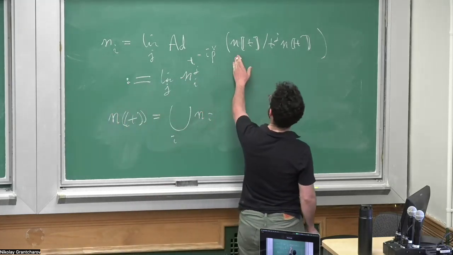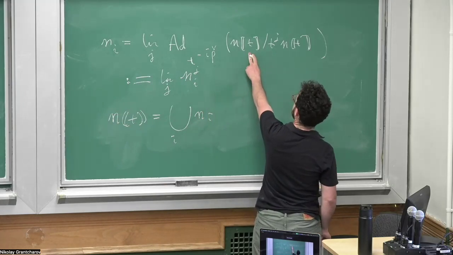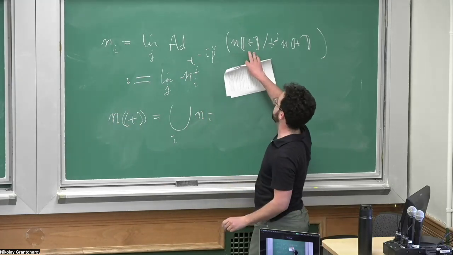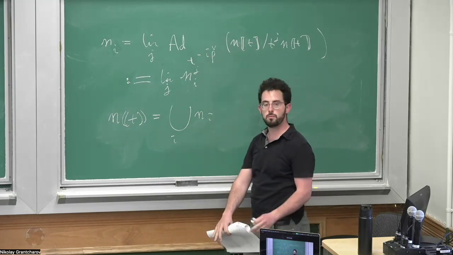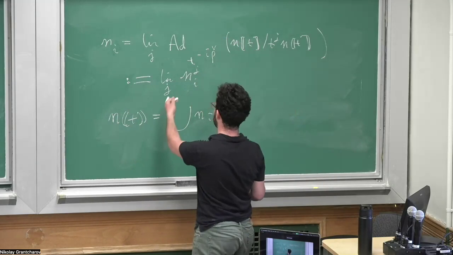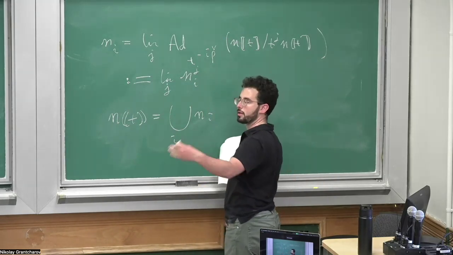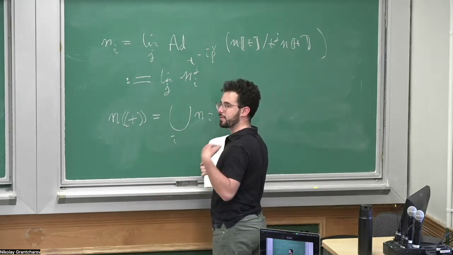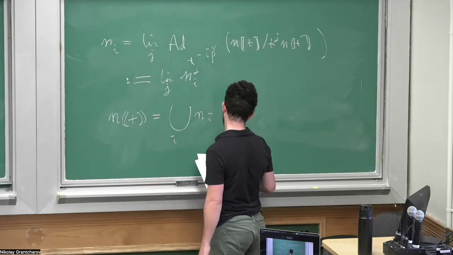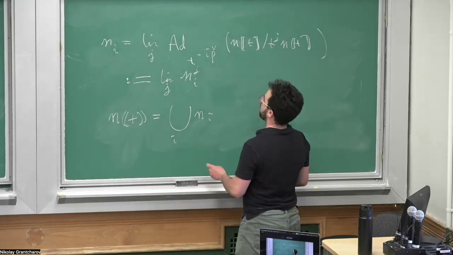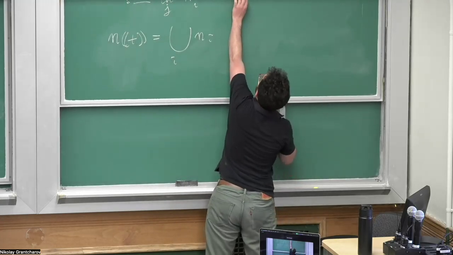So we start with just Taylor series n[[t]], and then we have a sequence of Lie algebras containing each other, and their union is the entire Lie algebra.